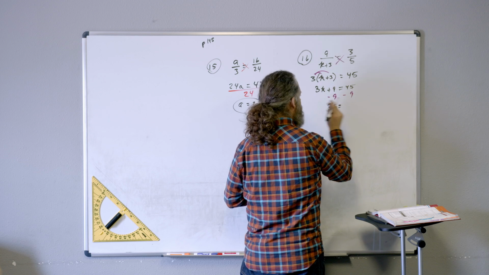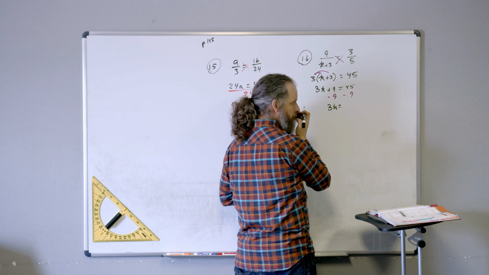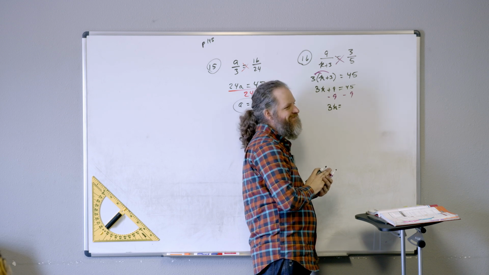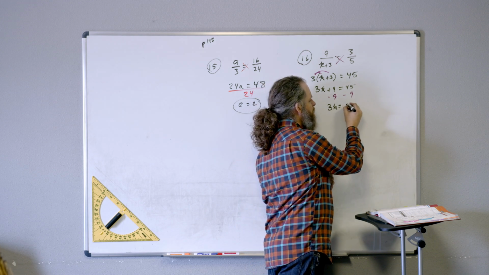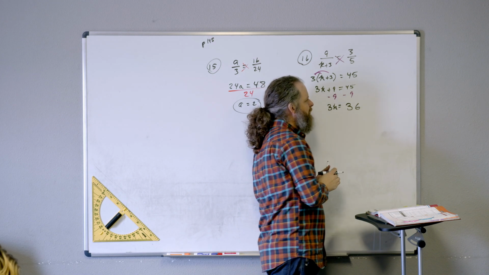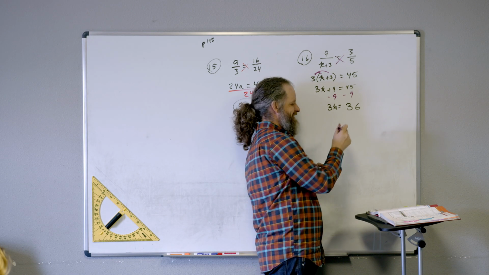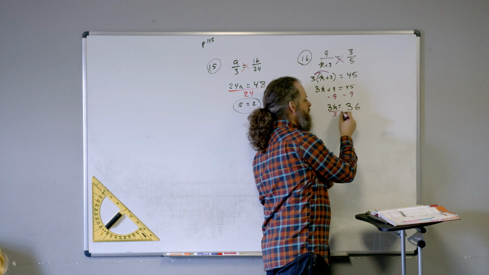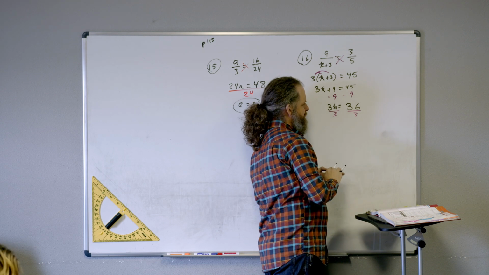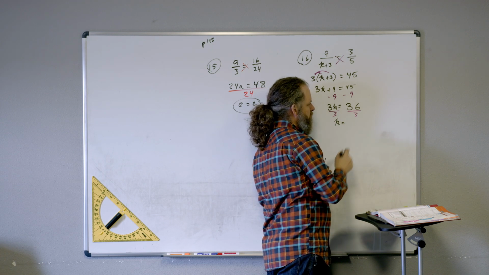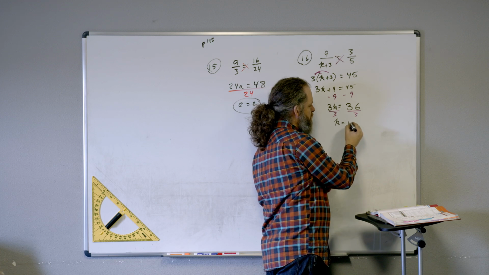Three k equals 36. It makes most sense. That's subtracting from that. So k equals 12.